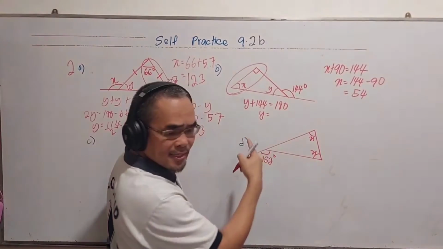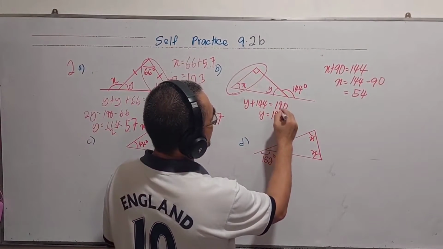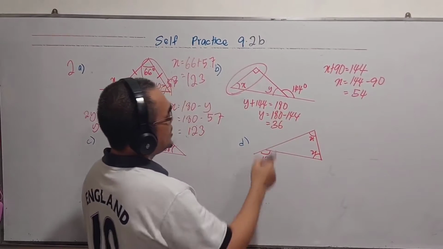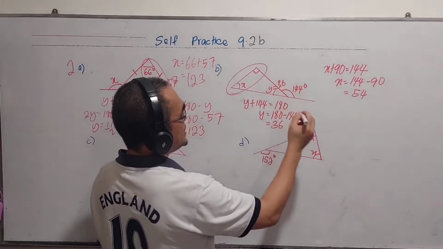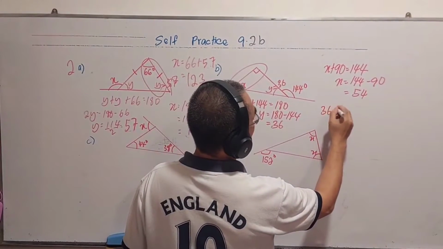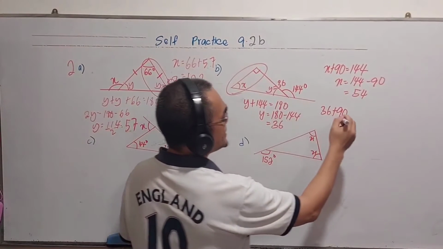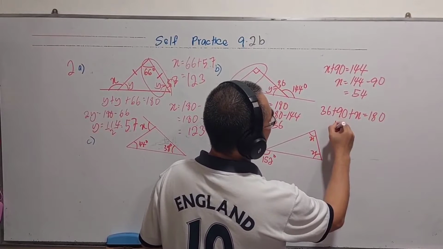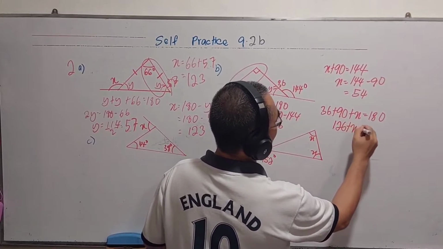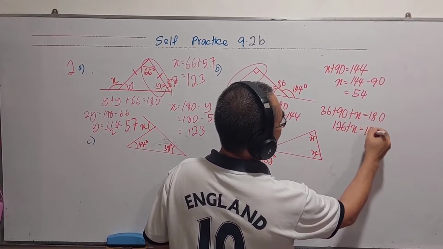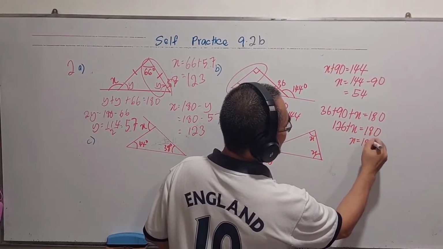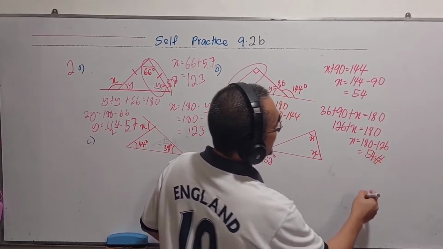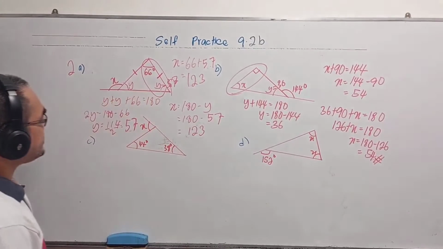So y is 180 minus 144, which is 36. So if y is 36, we say 36 plus 90 plus x is equal to 180. So here is 126 plus x equals 180. So x is 180 minus 126, which is 54. Okay, so the answers are the same.